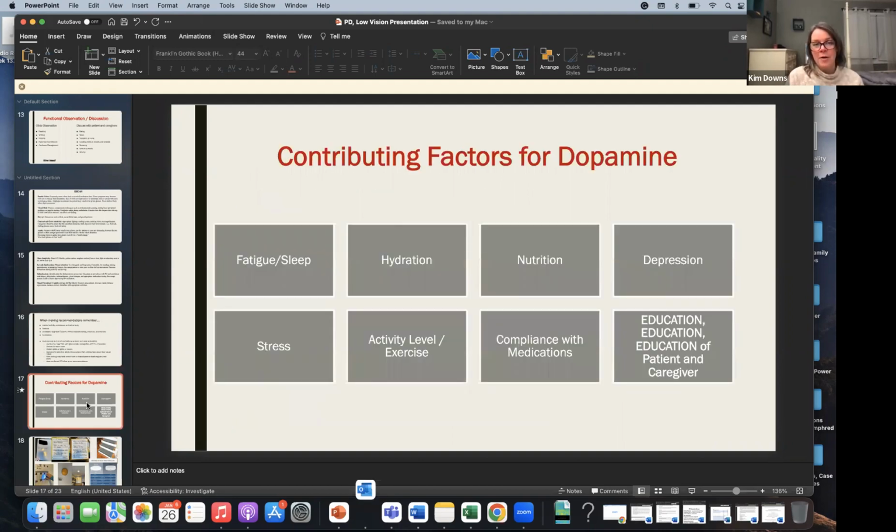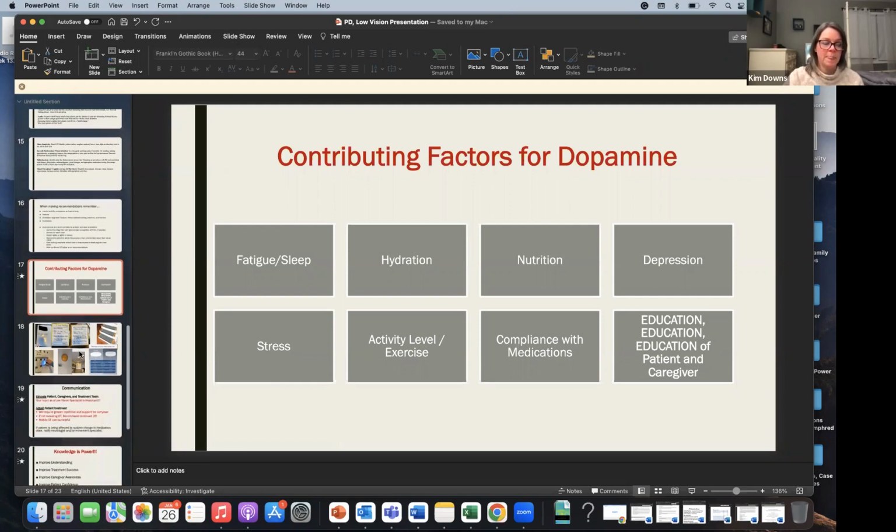And here again, we talk about those contributing self-care factors: sleep, hydration, nutrition, depression. Stress is a big one. Many times when someone has a visual change, it'll follow a period of stress, decreased activity level, or fatigue, compliance with medication, and the need for education.